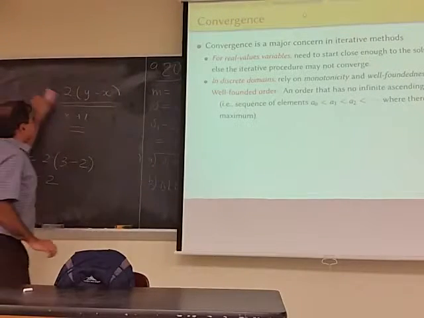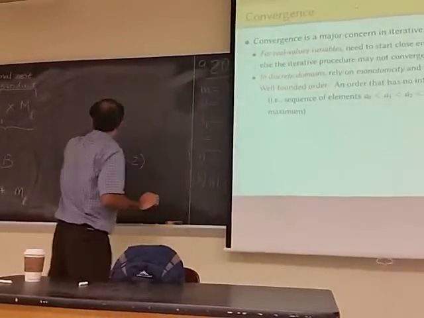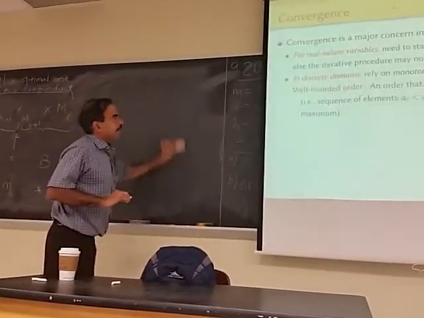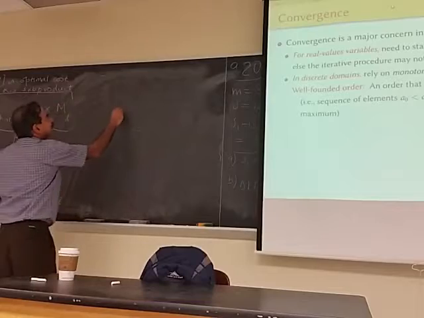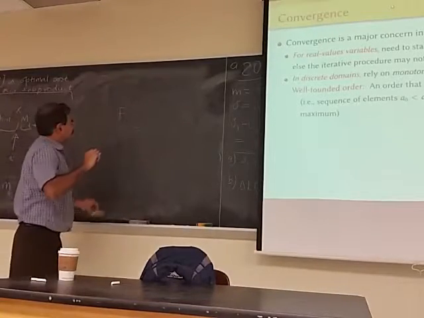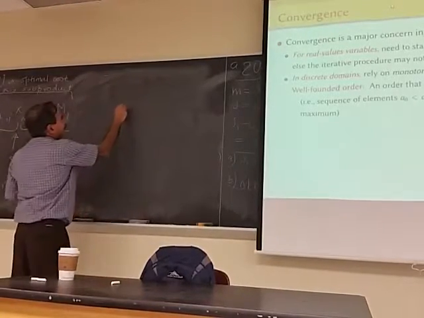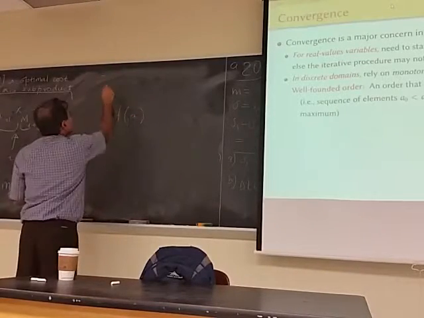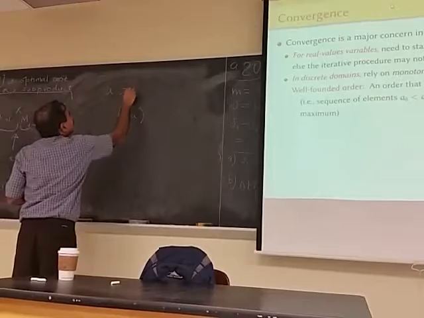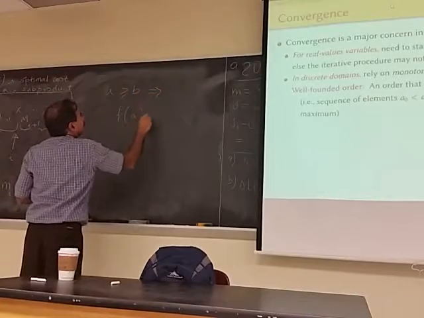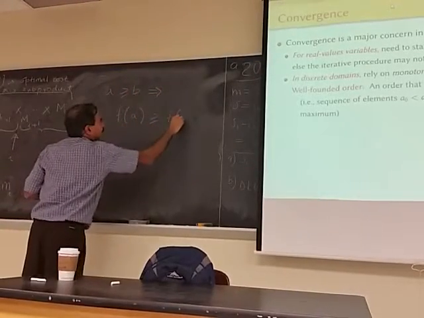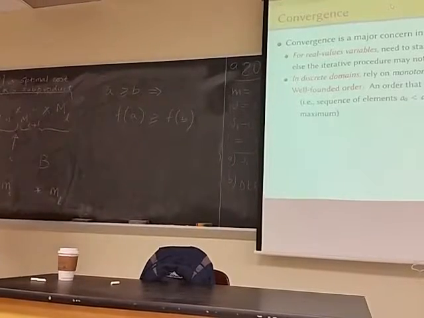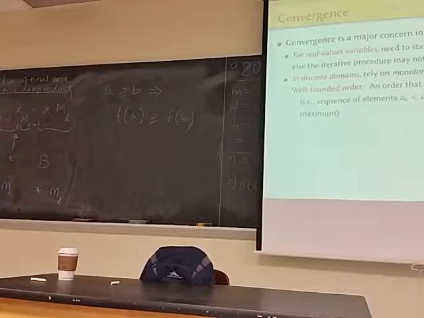So monotonicity basically says that you have an equation, right? And so a function is monotonic if, right? So if you give larger inputs, then the output can only get larger, right?